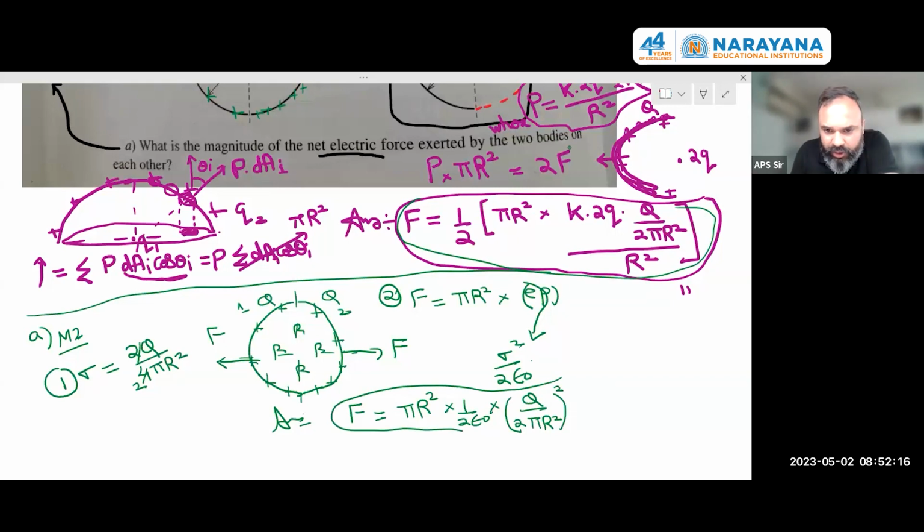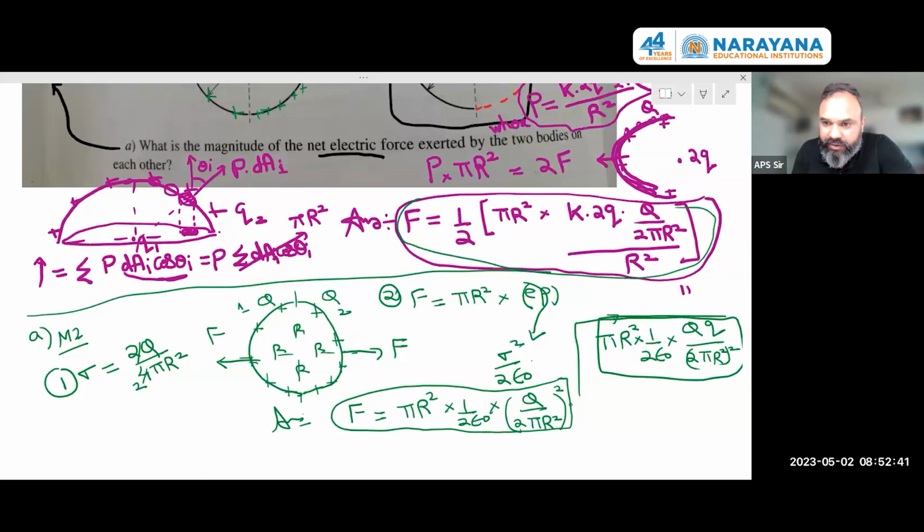Let's say a student tells me this is the result. Now I'm making a direct statement. I said, if this is known to you, then for the given question, the only change you have to do is you write pi r square, you write 1 upon 2 epsilon naught. The only thing is capital Q square you replace by Qq and keep denominator as 2 pi r square the whole square. This is the final answer to part A by method 2.